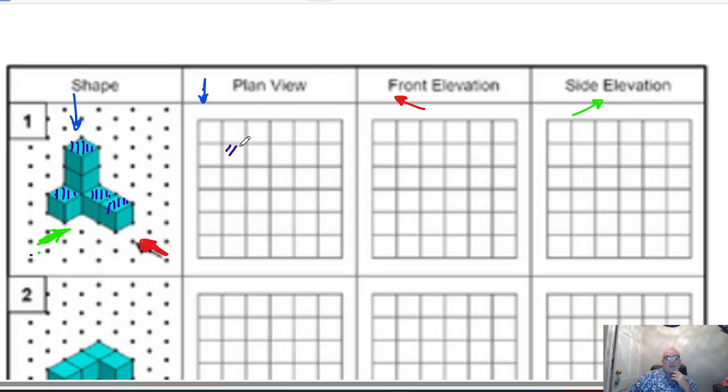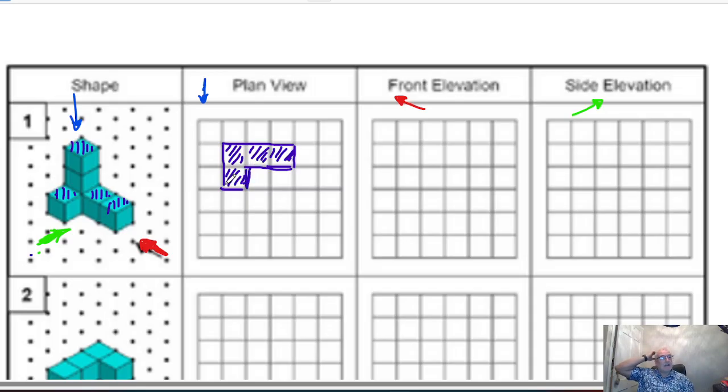So picking a square, that's my corner square, and I've got 1 underneath it, being that one, and then I've got 2 next to my first square that I drew. Okay, so my plan elevation is going to be something that looks like that: 3 squares across and 2 squares down.